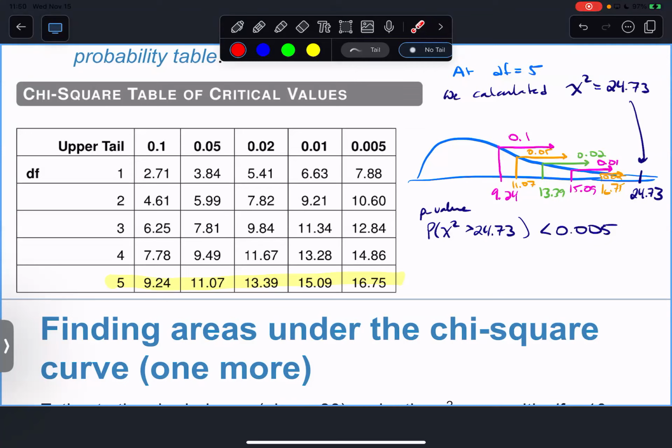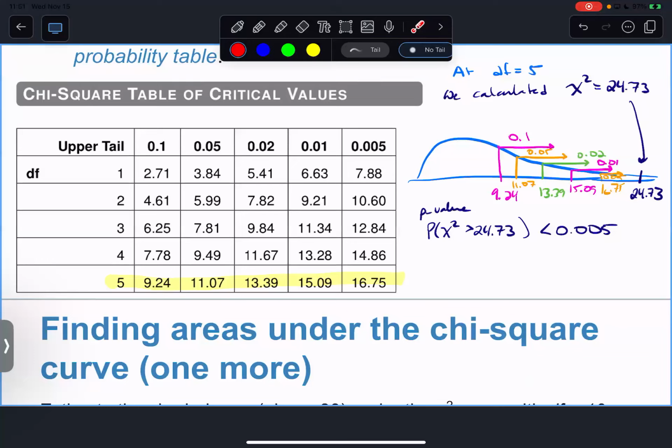So we've got some examples coming up to build this out a little bit, but that's what you're going to do for your p-value. You're going to try to place your calculated chi-squared on this number line, and then you'll have some values that wrap around your chi-squared value. What's the opposite or the other direction that we could take this?